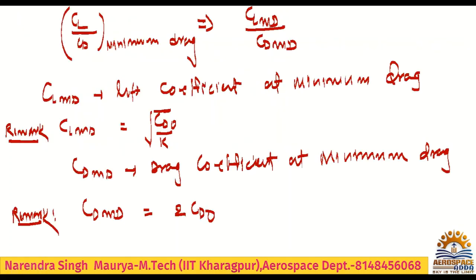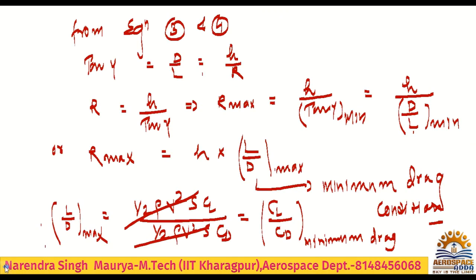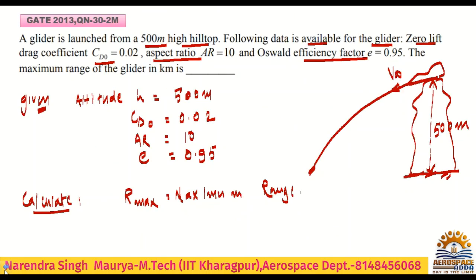Anyway, we need to check what is the value of CD naught and K is given. If K is not given, then data must be given, and we can calculate. Aspect ratio and e are given, so you can calculate what is the K. K is nothing but 1 upon pi e AR, where AR is the aspect ratio.